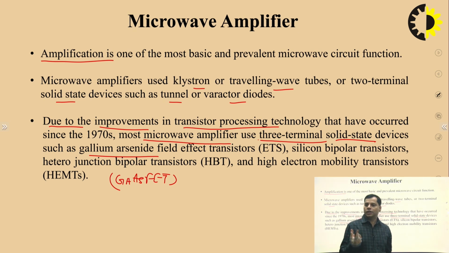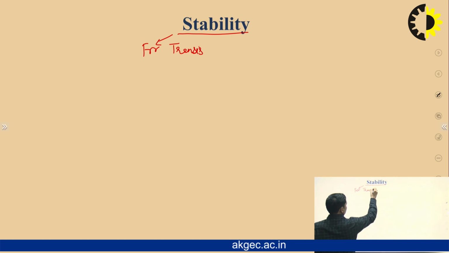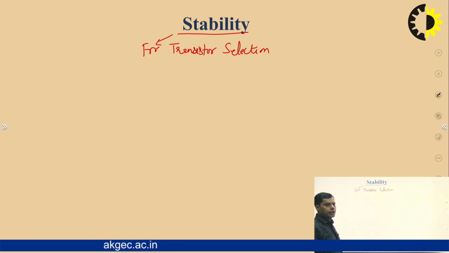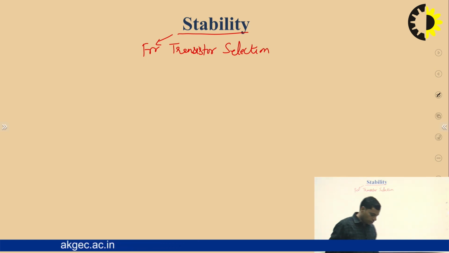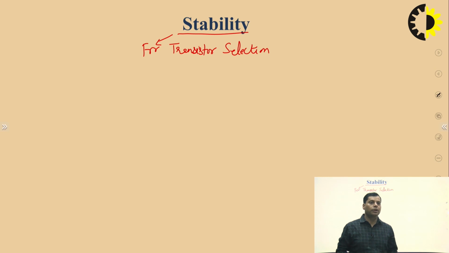Transistor selection is an important criterion: we check whether the transistor we are going to use for designing this microwave amplifier is stable or not.